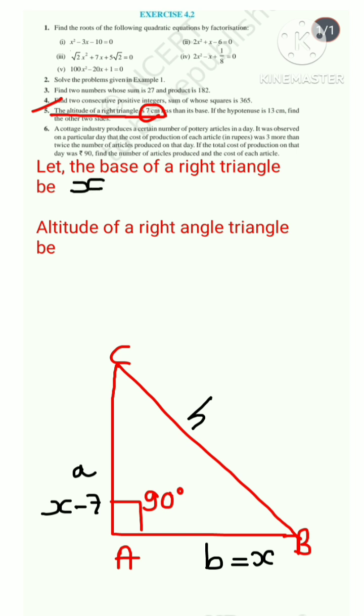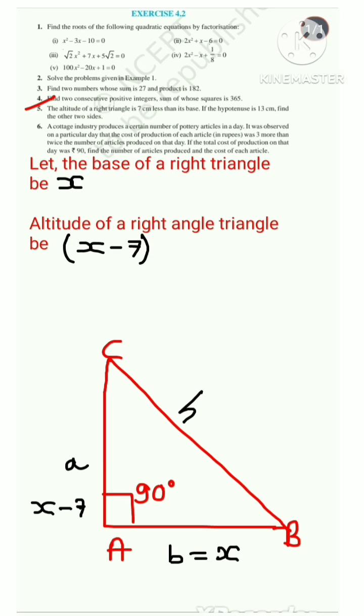Okay, in this way, here we have assumed the base of a right triangle is x and altitude of this triangle is x minus 7. Besides this, the length of hypotenuse has been given here, which is 13 centimeters. So this side BC is 13 centimeter. Now, we have to find the exact length of base and its altitude.